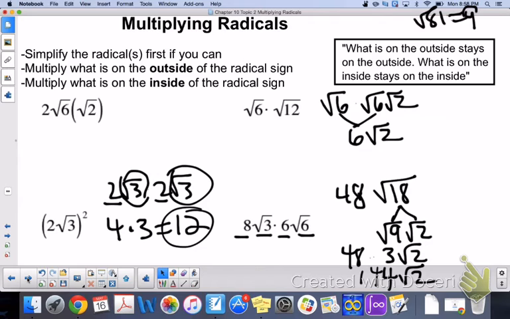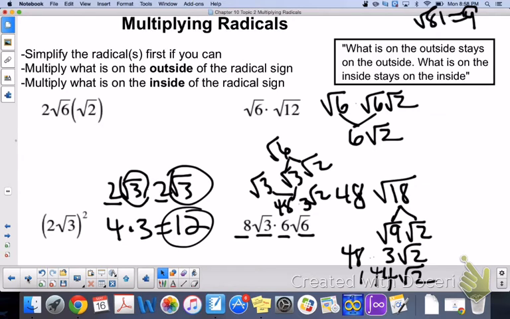That's one way to do it. The other way is to say, I know that root 6 is root 3 times root 2. Root 3 times root 3 is 3, so I get 3 root 2, times 48, which is again 144 root 2. So you get the same thing, just 2 different ways to do it.